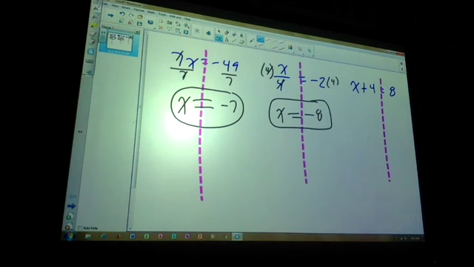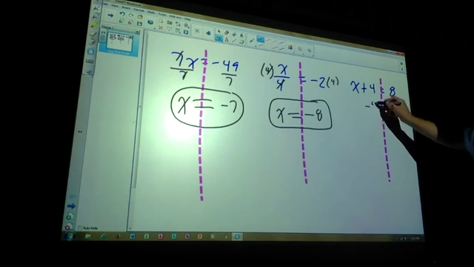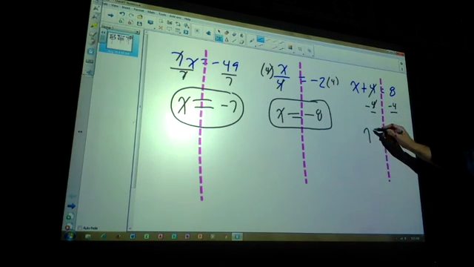Okay. This next problem, x plus 4 is equal to 8. So what should I do to undo it? Minus 4. Okay, subtract 4, subtract 4. So that cancels that. So that leaves me x equals 4. So let me ask you all this.